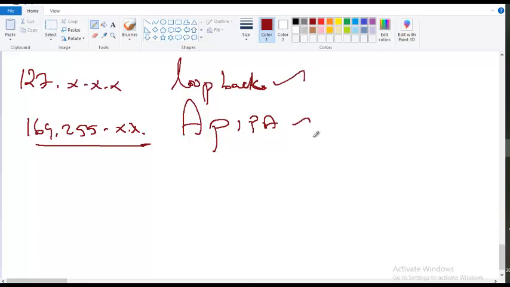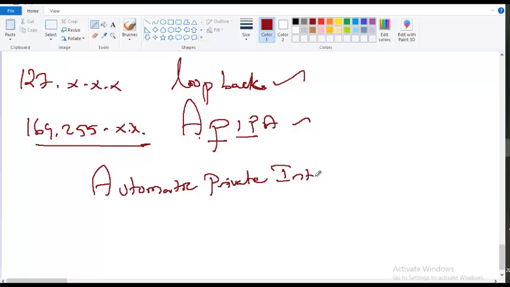What is APIPA? You see, the A stands for automatic. P stands for private. IP, Internet Protocol. A, address. Automatic Private Internet Protocol Address.